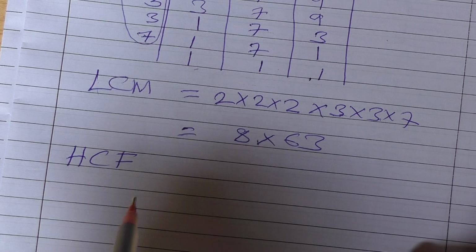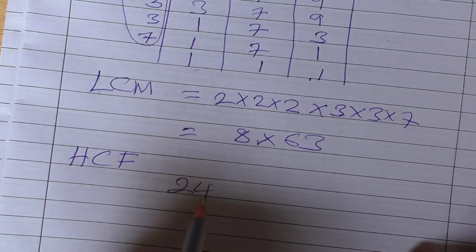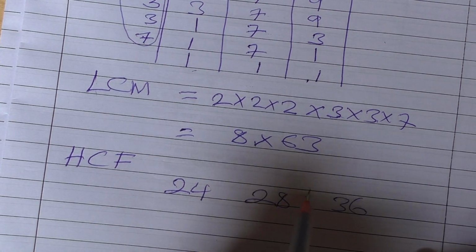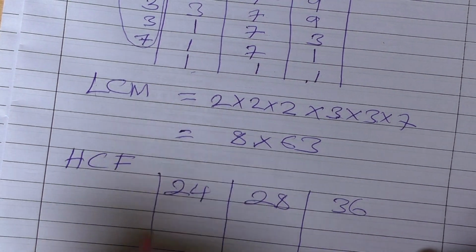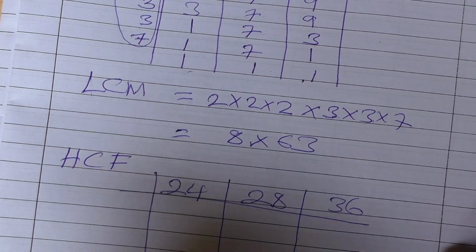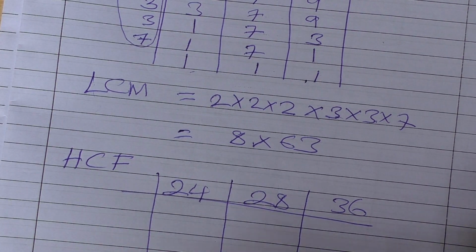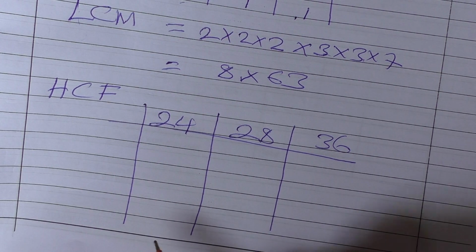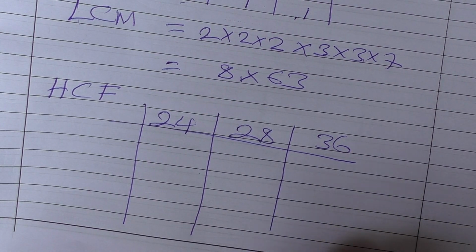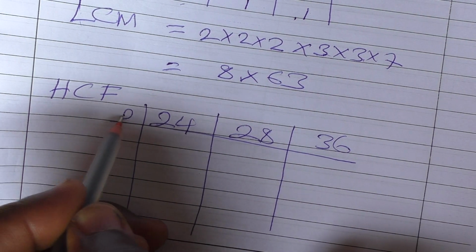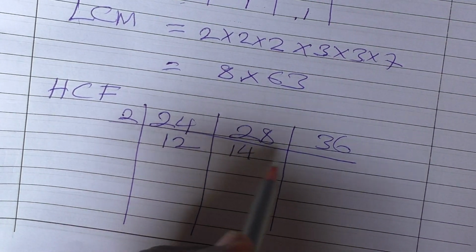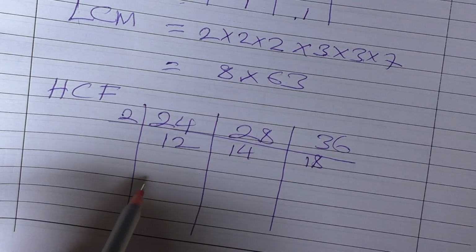That is to say, we have 24, 28, and 36. We only use those prime factors that divide all the numbers. So 2 gives us 12, 14, and 18.